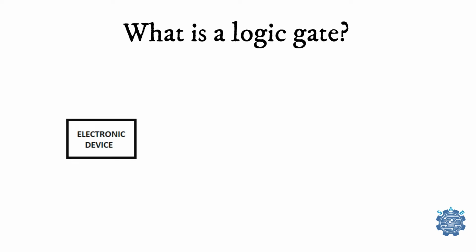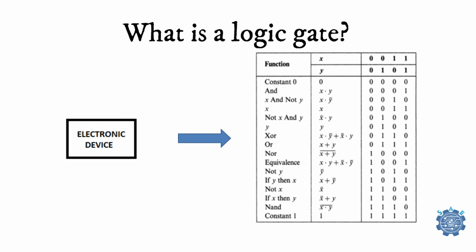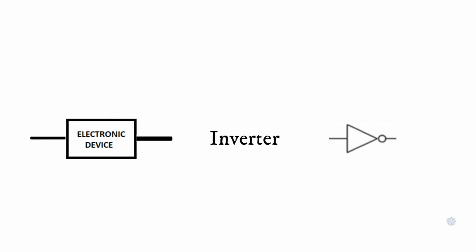A logic gate is an electronic device that performs a Boolean function and usually has two inputs and one output, excepting the inverter, which has one input and one output.